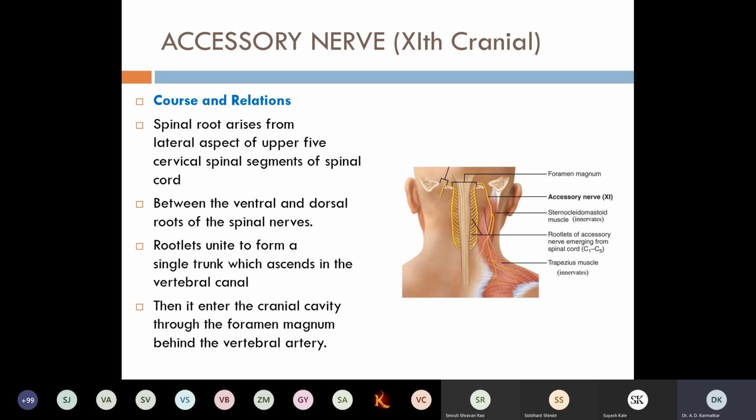It is lying just behind the fourth part of the vertebral artery. Once it enters the cranial cavity through the foramen magnum, it will join the cranial root of the accessory nerve to form a common trunk to enter the jugular foramen.